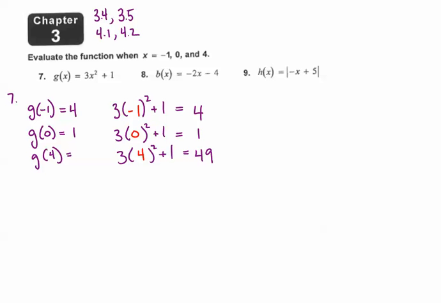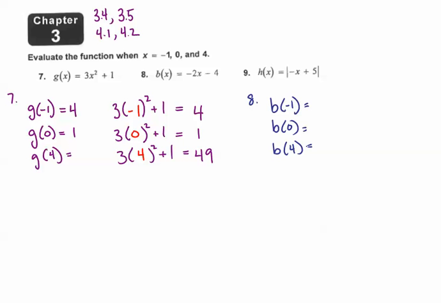So let's go on and do the same thing for number 8. Number 8, we have b of x, and we're looking for b of negative 1, b of 0, and b of 4. We want to find out what those are in each case.